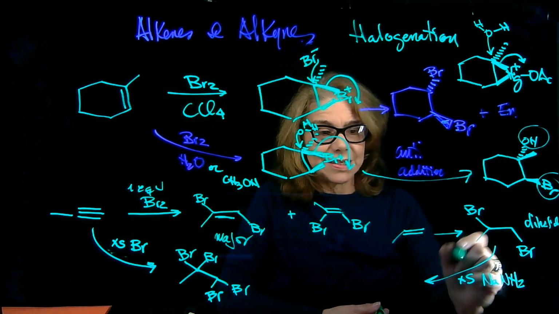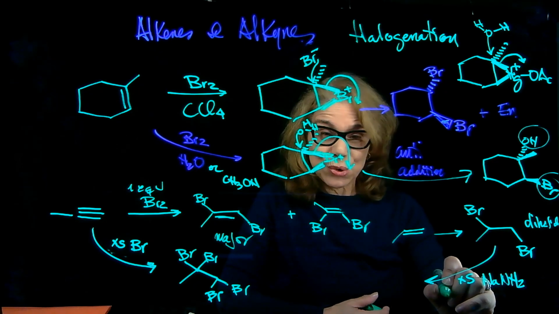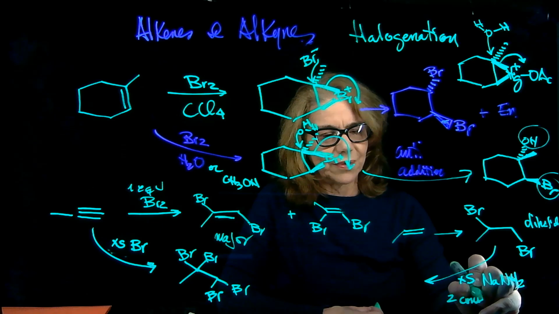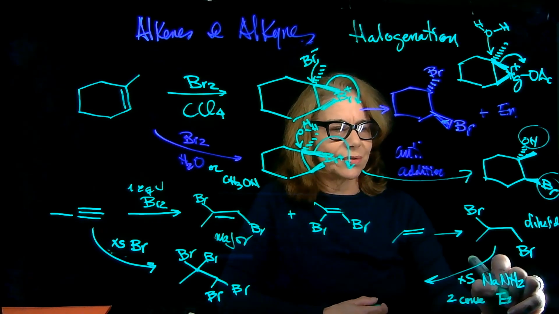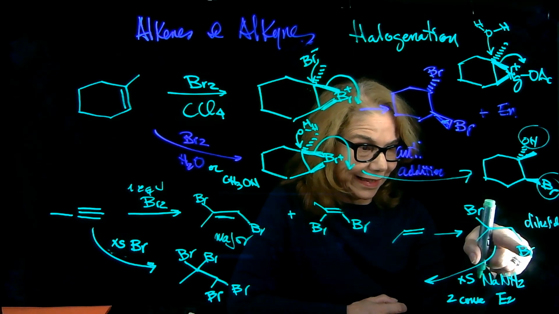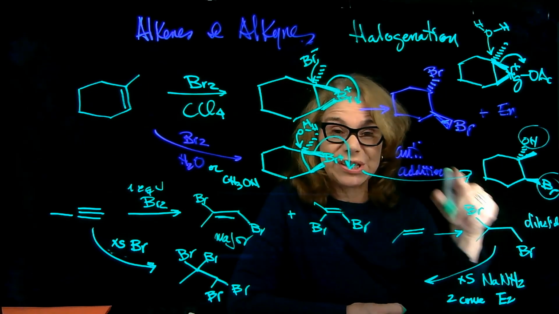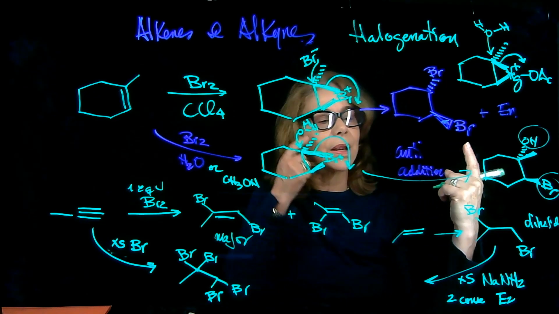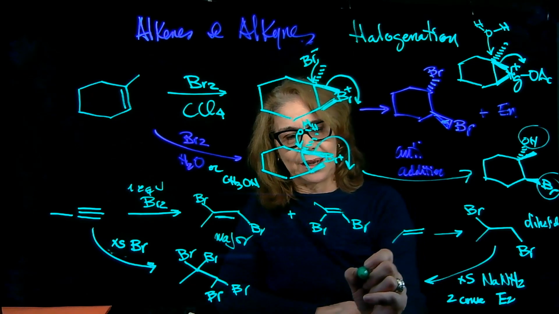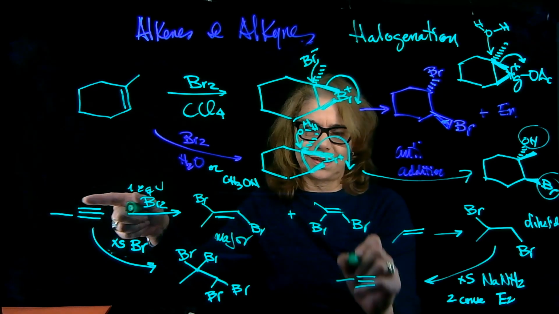And what this is when you use an excess of sodium amide, you will have, say, 2 consecutive E2 reactions. For that to happen, you need 2 halides that can be vicinal, so next to each other, or geminal, attached to the same carbon, to synthesize an alkyne. So here, you're going to go back to this alkyne that I had here.